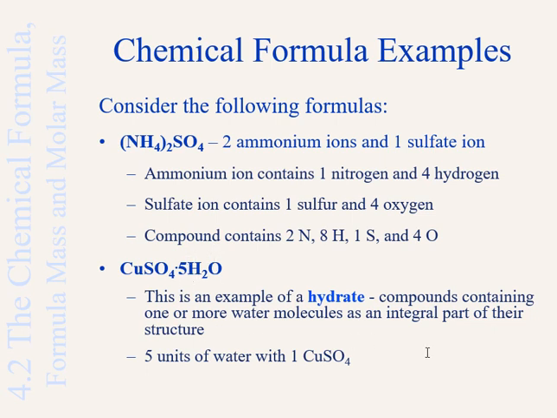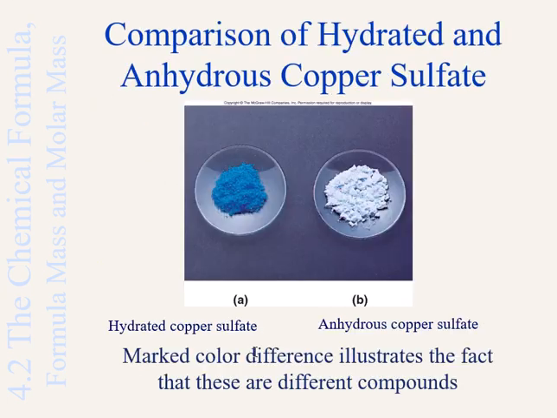The name of this compound, by the way, is copper sulfate pentahydrate. 5 for penta, the Greek prefix. This is how it looks when it's hydrated with 5 molecules of water, and this is how it would look if you dry it up by heating it and releasing all the water.